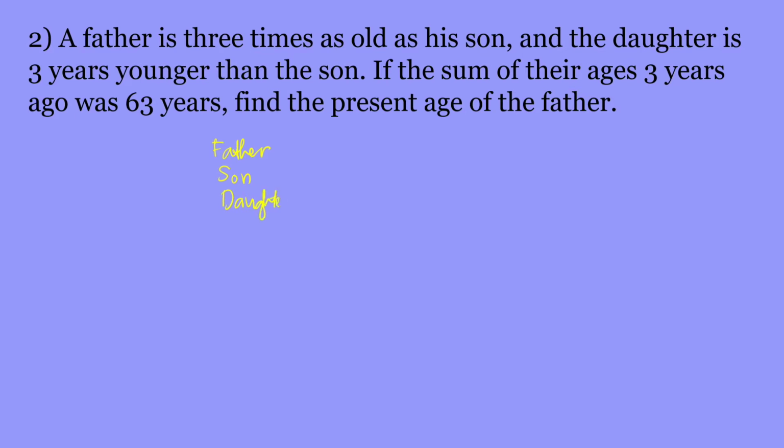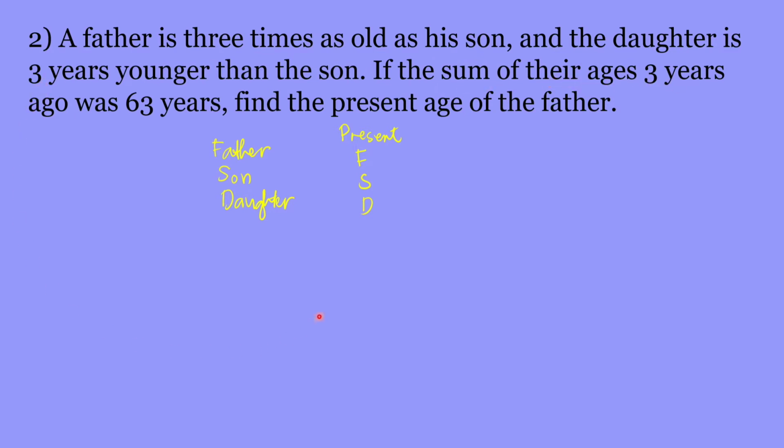Okay? Now let us assign variables for their present ages. So the present age for father, letter F, for the son, letter S, and the daughter, letter D. Now, in the second sentence, we can see here another time frame. If the sum of their ages 3 years ago.